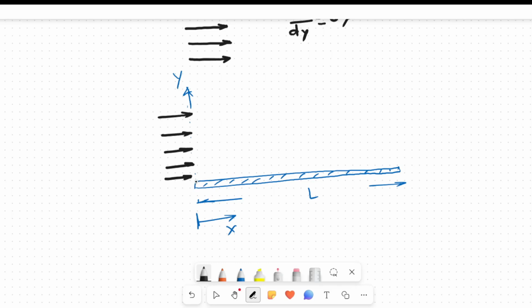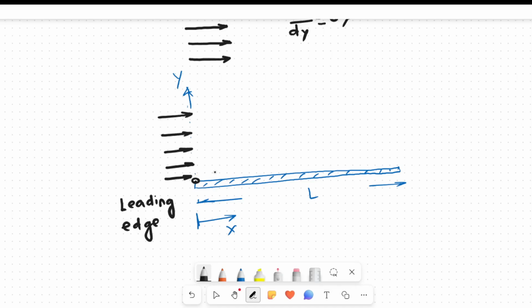Now, as the fluid comes in contact with the plate surface at this point, this point is called the leading edge. We say that the fluid has different layers which are arranged one above another.